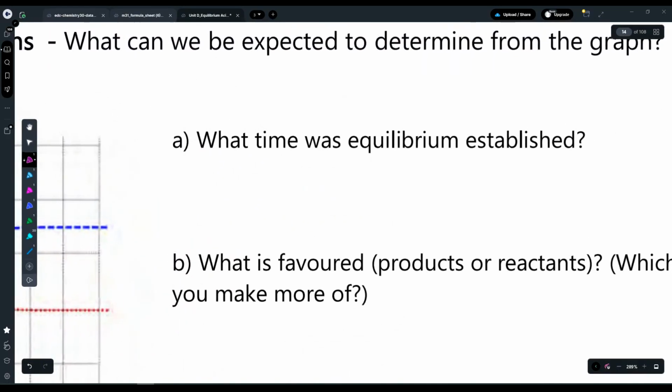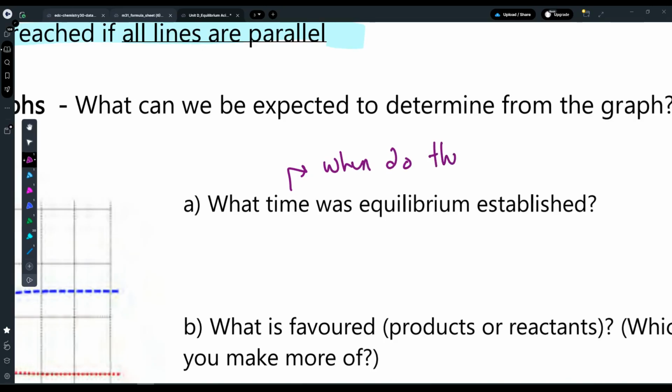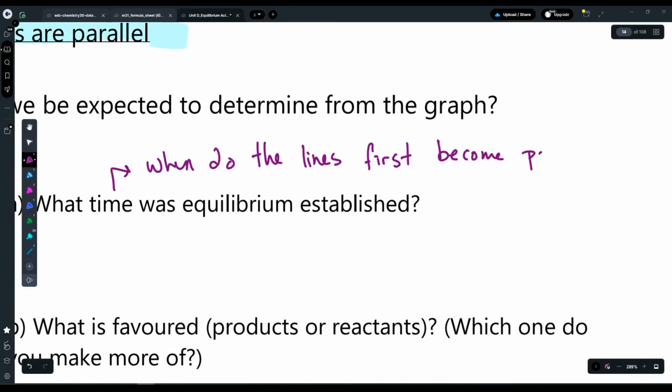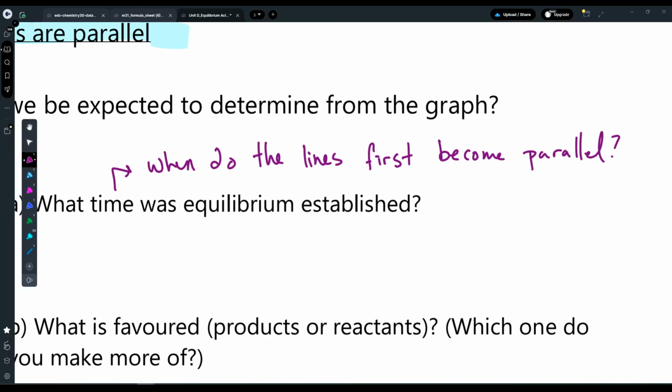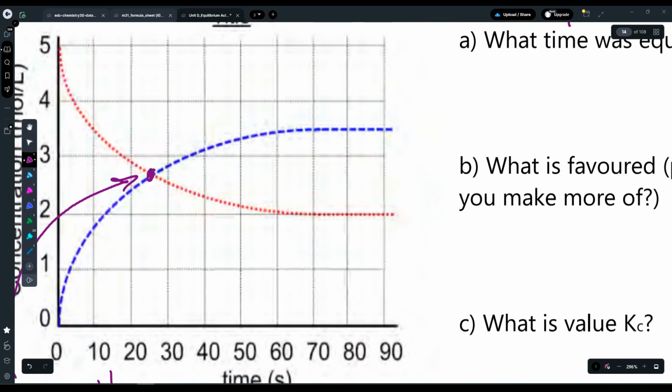Okay, so for the first question, what time was equilibrium established? Really what that question is asking is, when do the lines first become parallel? All right, so there is a little bit of leeway here.